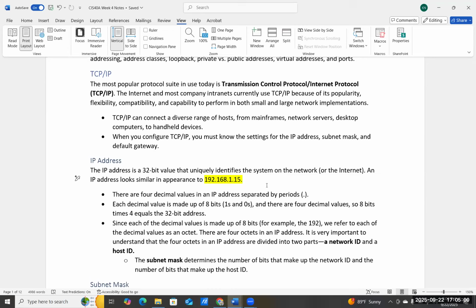So each of the octets here, the 192, the 168, and the 1, and the 15, are separated by a dot or a period, okay? So we would say 192 dot, right? That's an octet, which is made of 8 bits. The next octet is also made of 8 bits. So if you combine 4 pieces together, each 8 bits, you get 32 bits. So IP version 4 is made up of 32-bit addresses.